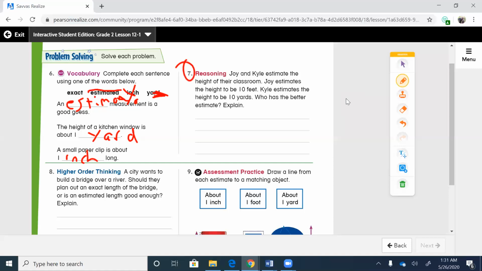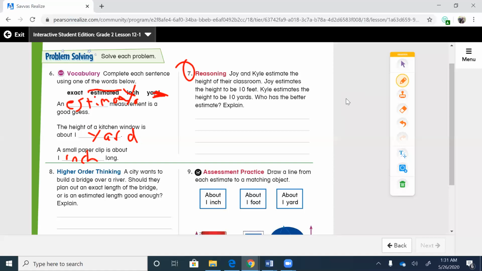All right, let's work through a problem solving here. Number 7. Joy and Kyle estimate the height of the classroom. So the height of the classroom is from the floor to the ceiling. So I want you to think about that. Joy estimates the height to be 10 feet. So that would be like 10 books high. Kyle estimates the height to be 10 yards.